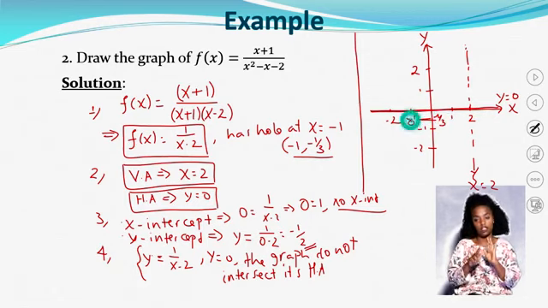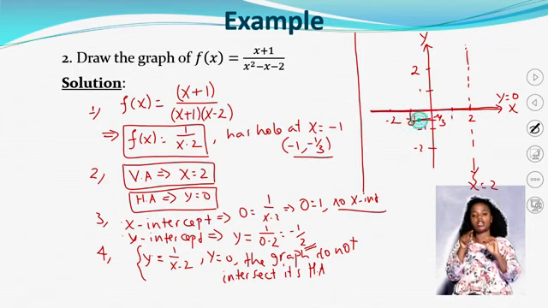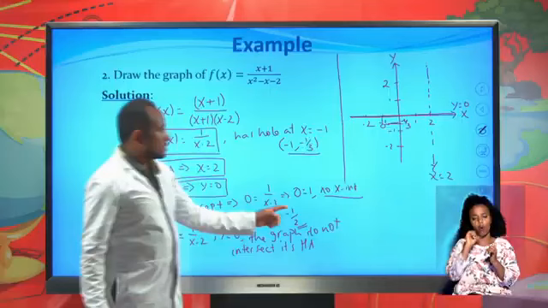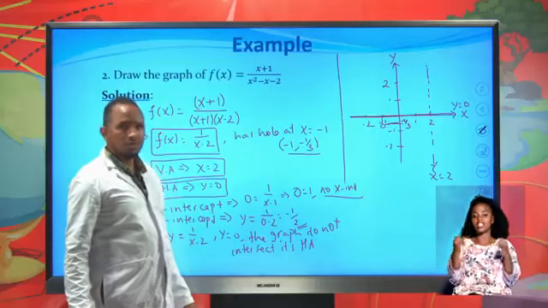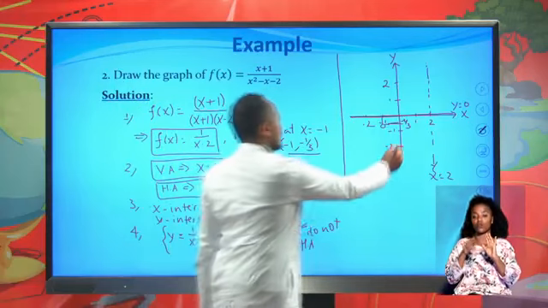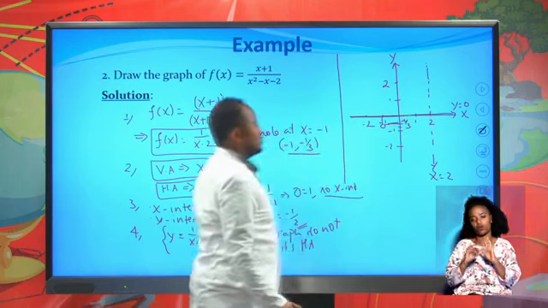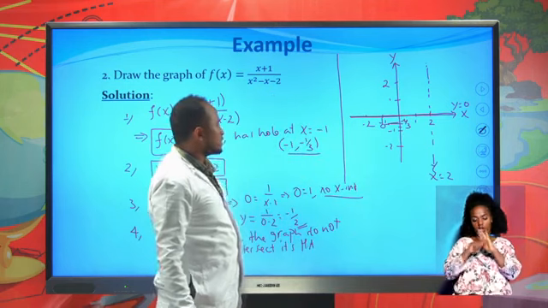It has a hole at this point, -1, -1/3. Now, any intercept, it has a y-intercept. The y-intercept is at -1/2. So assume -1/2 is here, below -1/3.